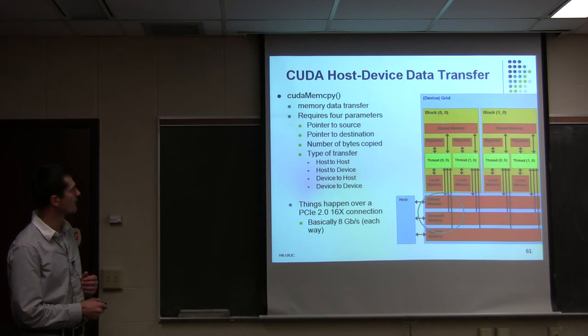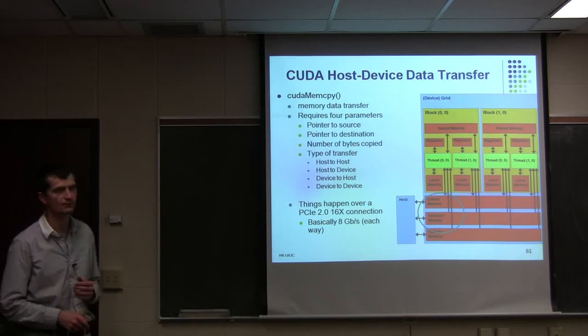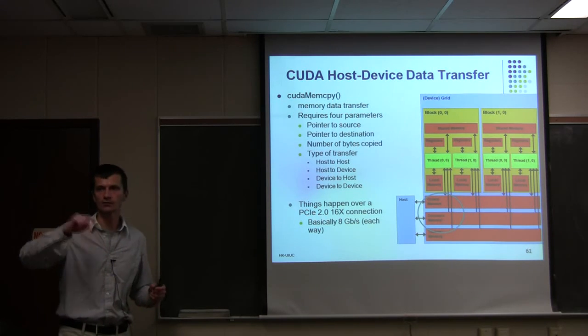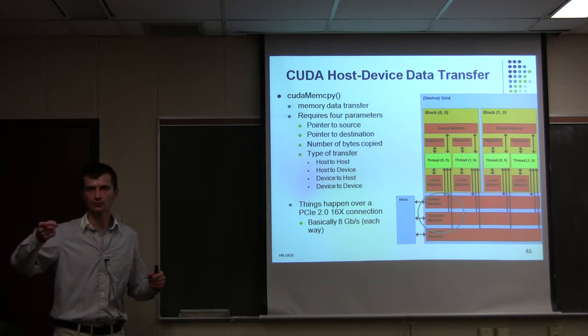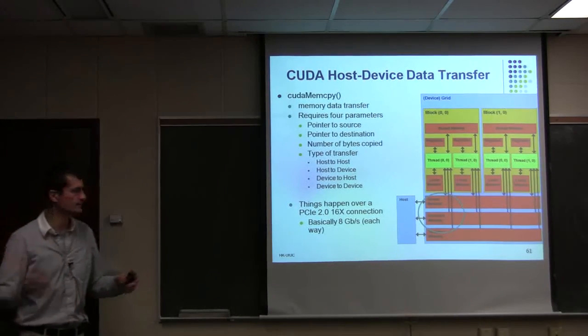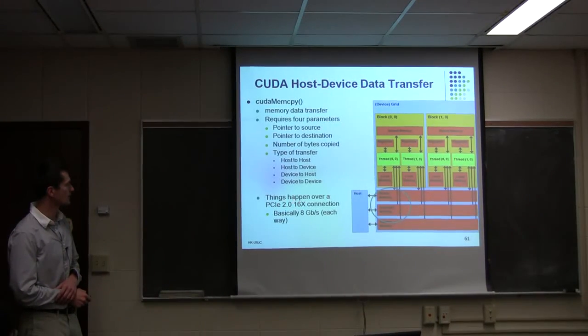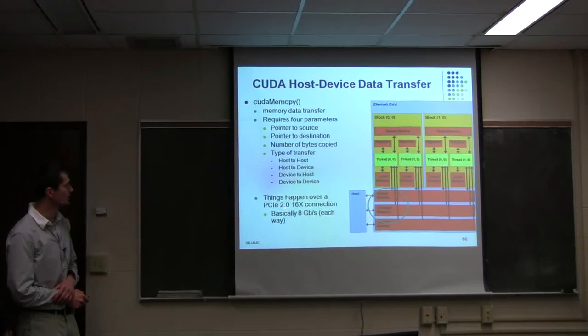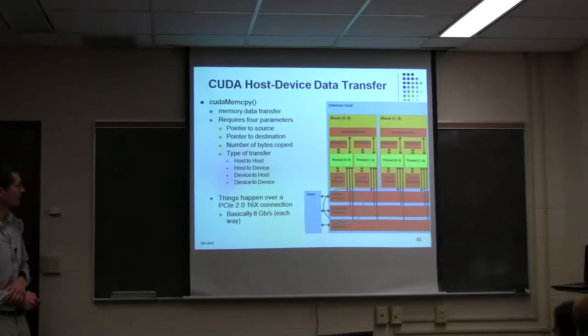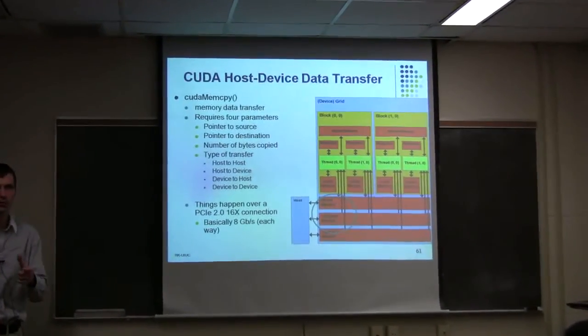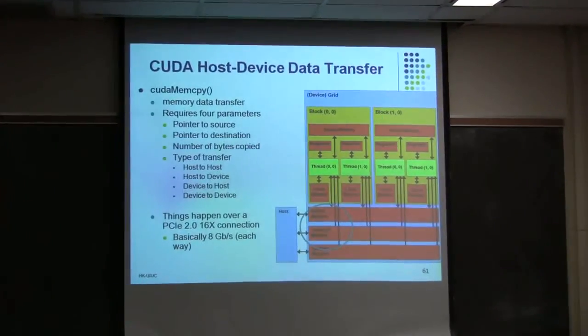It requires some parameters like pointer to source, pointer to destination, number of bytes copied, and the type of transfer. It can be from host to device, from device to host, device to device, and so on. The connection is PCI Express 2.0, basically 8 GB per second. So this is the umbilical cord linking the GPU to the CPU.